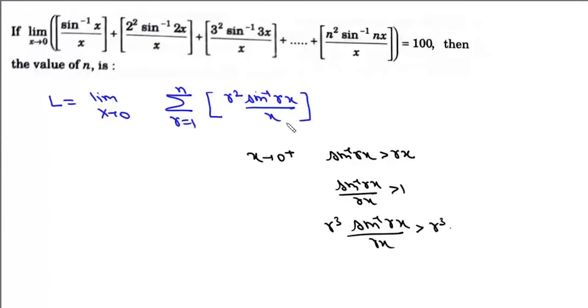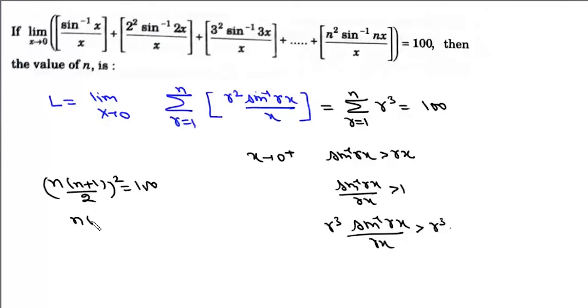So the greatest integer function of r square sin inverse rx upon x is equal to this summation, r varies from 1 to n, r cube, and it is equal to 100. Now this is n plus 1 upon 2 whole square, and this is 100. So we can write n plus 1 will be equal to 20, which is 5 into 4. That means the value of n is equal to 4. So n is 4, and that is the answer to this question.